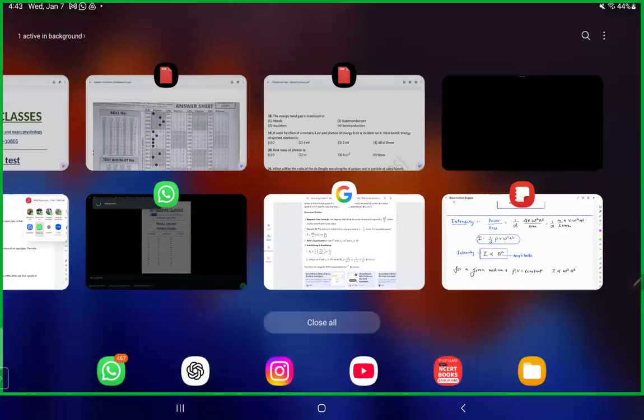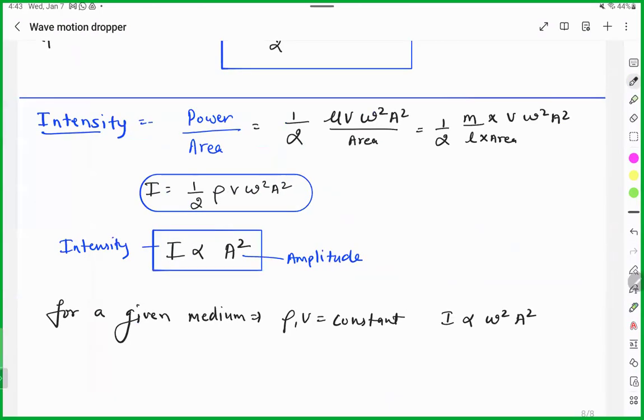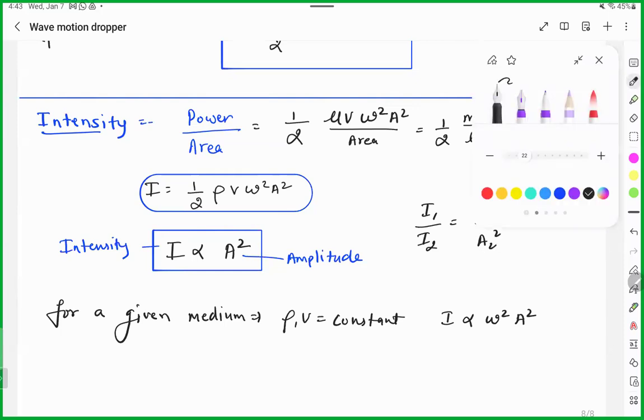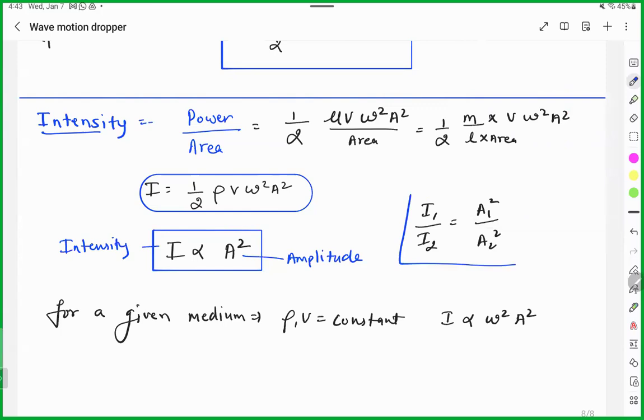If frequency is also a constant, I is directly proportional to A square. This is what we do. You must have seen I1 divided by I2 is equal to A1 square divided by A2 square. This is what we do in the wave optics. Correct.